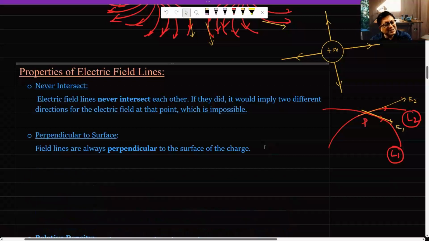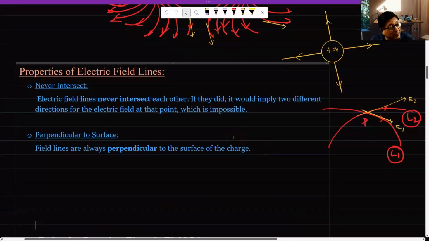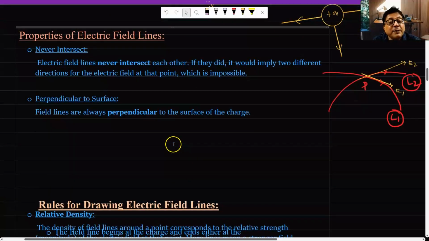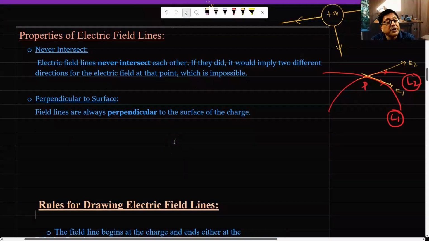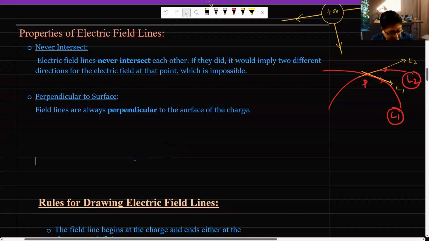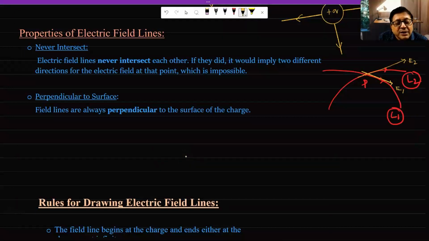What do you mean by this? This is another very important property. Field lines are always perpendicular to the surface. Why should field lines be perpendicular to the surface? Suppose we have taken a surface like this, not a circle, the surface of a sphere.